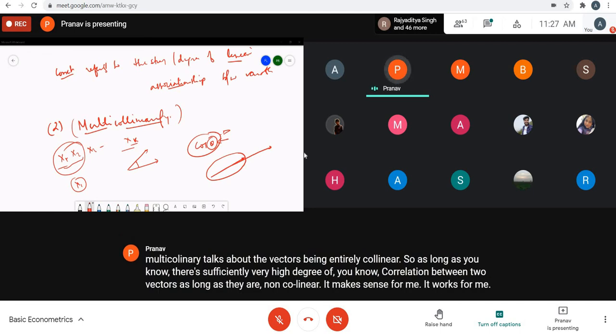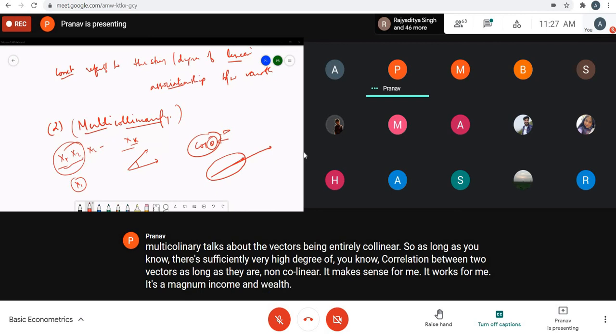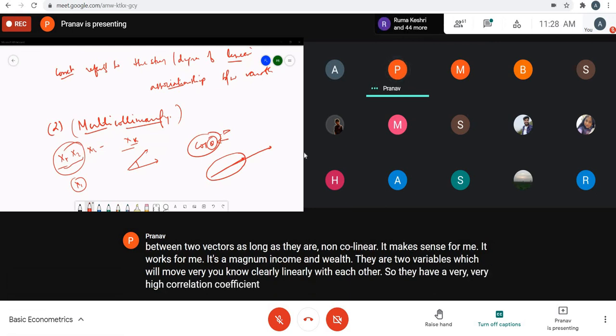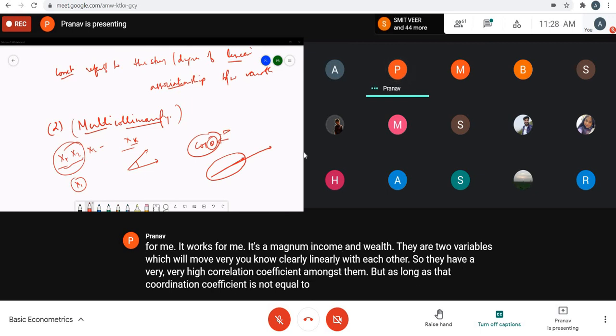For example, take income and wealth. They are two variables which will move very clearly linearly with each other. So they'll have a very, very high correlation coefficient amongst them. But as long as that correlation coefficient is not equal to 1, we are fine.